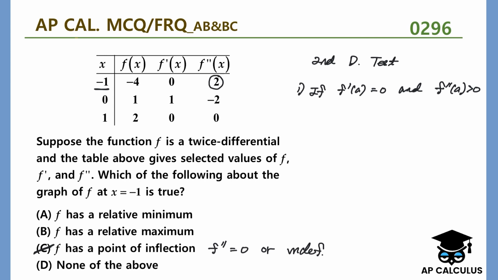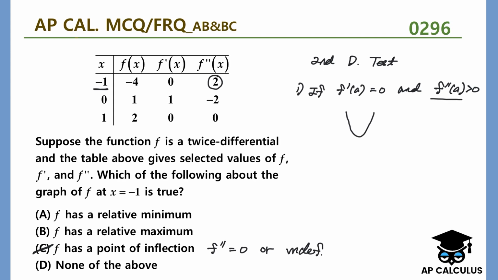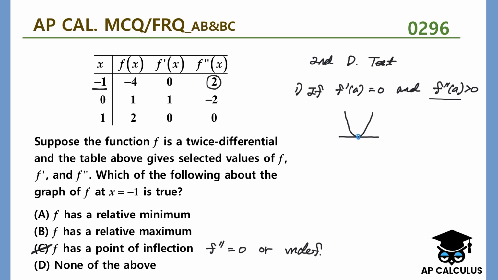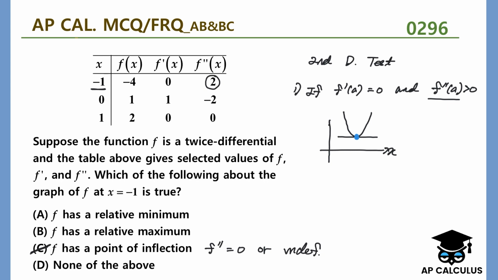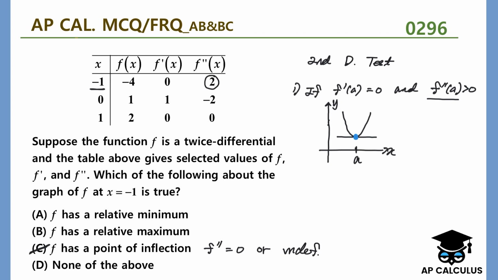It's concave up, and slope is 0, right? Slope is equal to 0. Then we will have a relative minimum at this point, right? So let's say here's the x-axis, here's the y-axis, and this point is A.